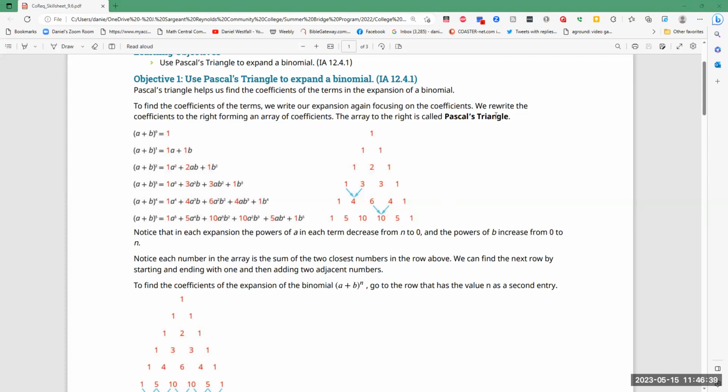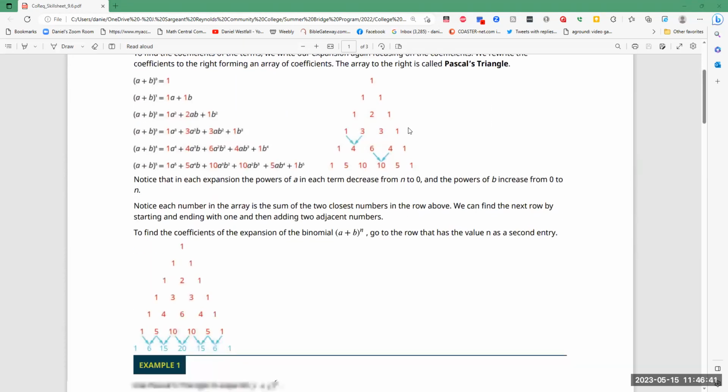So let's talk about how to form this triangle without actually doing the expansion, because the point is to go from the triangle back to the binomial expansion. Notice that in each expansion, the powers of A in each term decrease from n to 0. So they're using A and B here, and they're going from, let's say here on the 5th degree polynomial, A to the 5th, then A to the 4th, A to the 3rd, A squared, A, and then finally there's 0 A's, right?